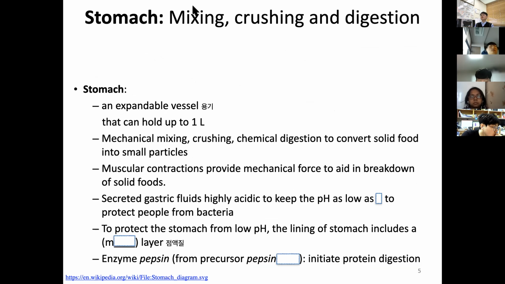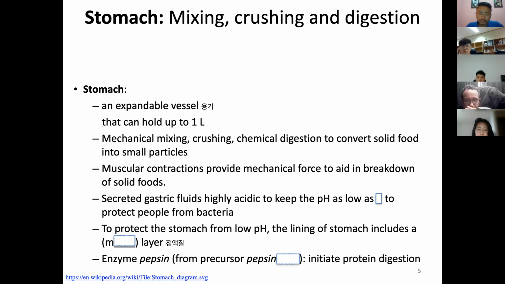All right, let's go back to our stomach: mixing, crushing, and digestion. Of course, consider yourself when you are eating a lot, and how much food you can eat. The stomach is an expandable vessel that can hold about 1 liter of food. So of course, mechanical mixing, crushing, and chemical digestion convert solid food into smaller particles.